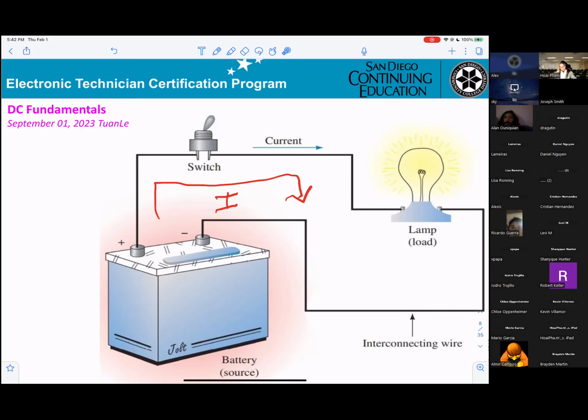When the current flows through that one, that will turn it on. They get the light. And the current goes back here and goes to the negative. So when you turn it off, that means current cannot flow here. So that's why this line will be turned off.